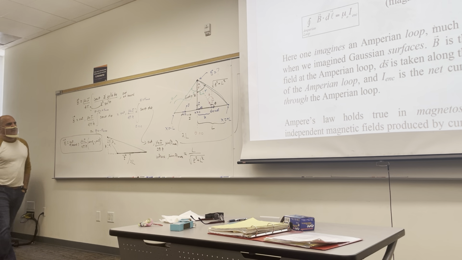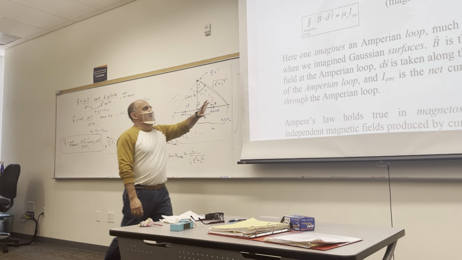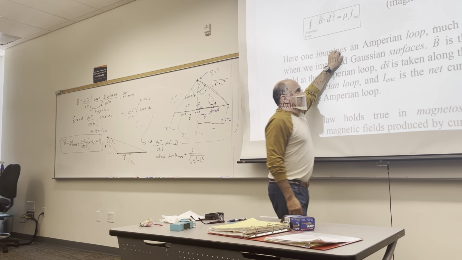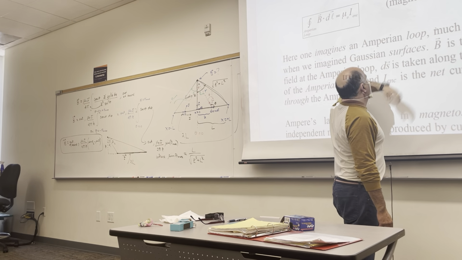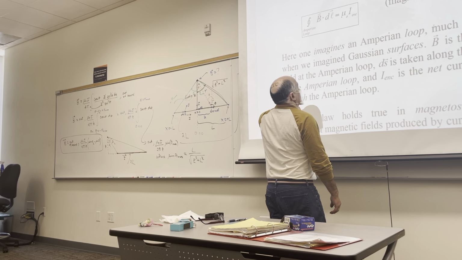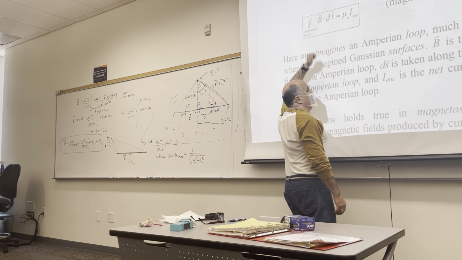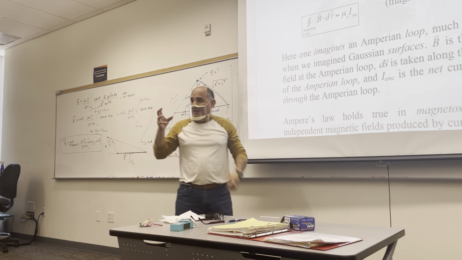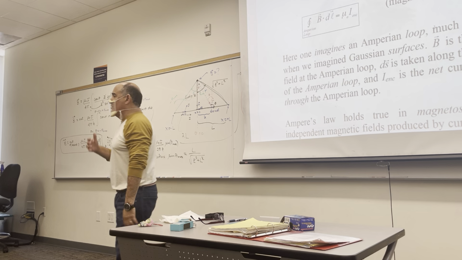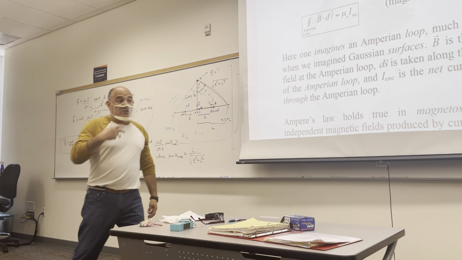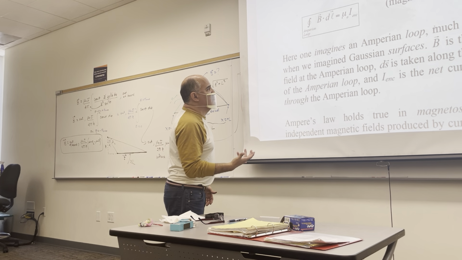So I wrote it in here. Here we imagine a loop. B in this expression is the magnetic field at the Amperian loop. The name of that loop that you imagine is the Amperian loop, just like in Gauss's law the closed surface that you imagine was a Gaussian surface.